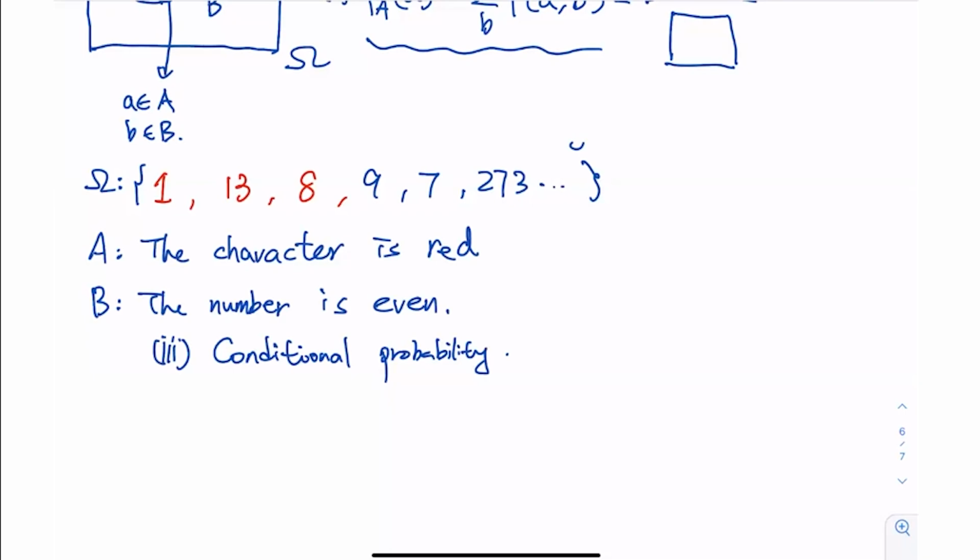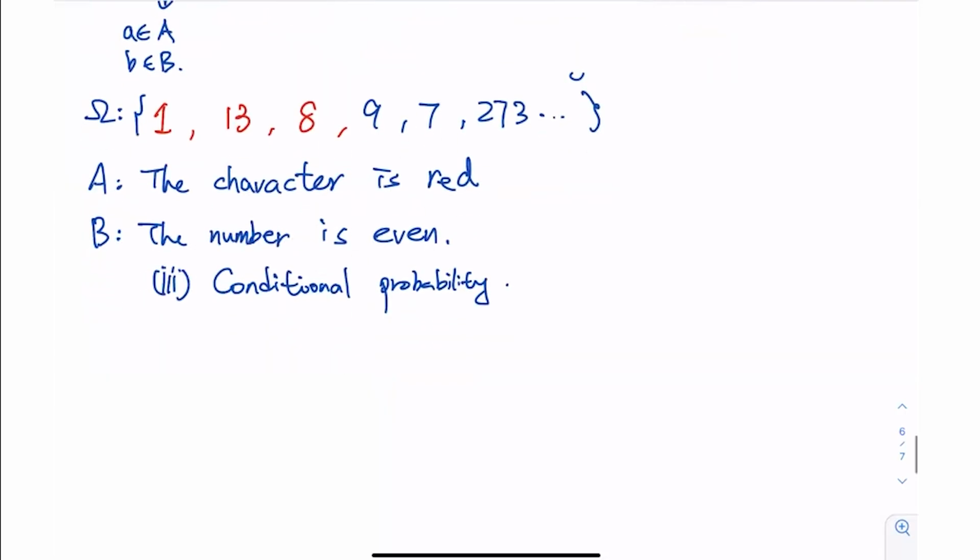So that's basically related to this idea of conditional probability. The conditional probability of B given A is observed is denoted by this notation.